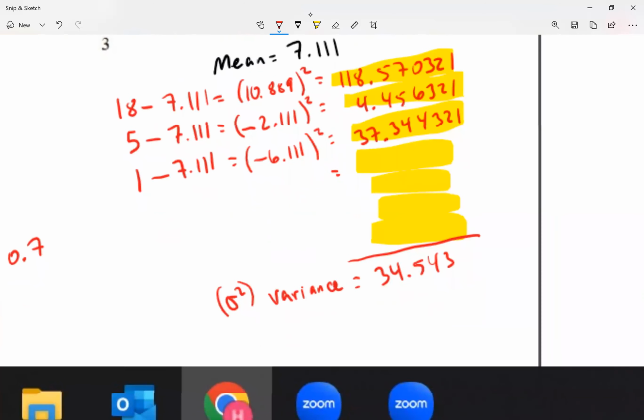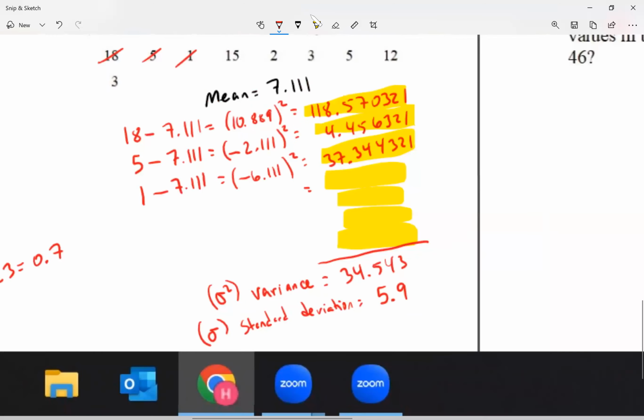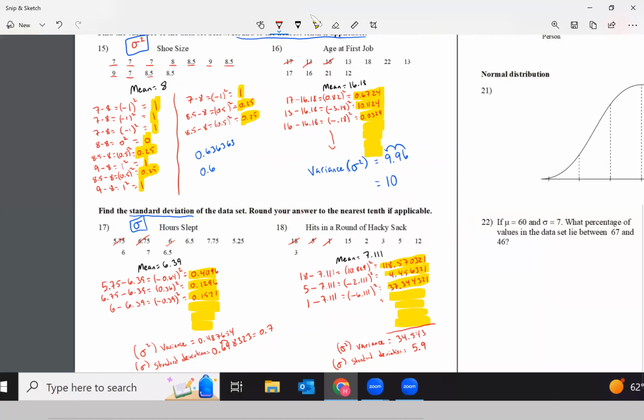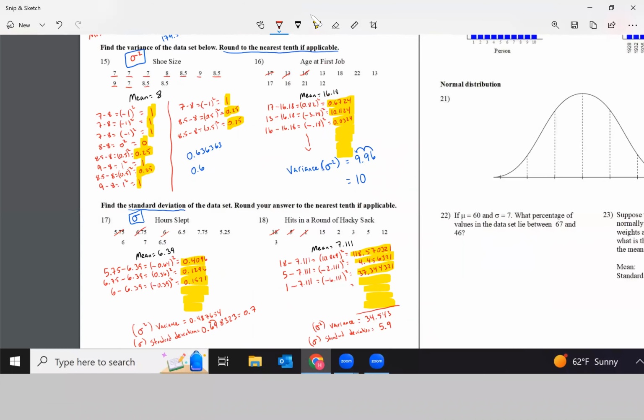My standard deviation, which we use the symbol sigma, is the square root of that. I'm going to round it to 1 decimal place. So I'm going to call this 5.9. That's what we did today.